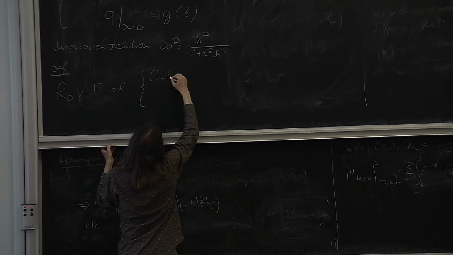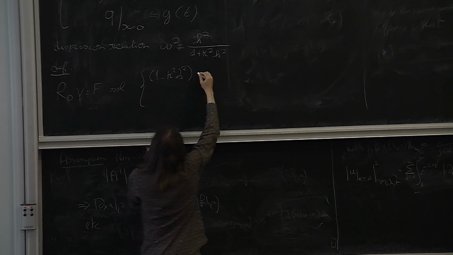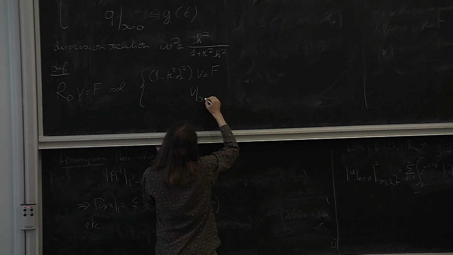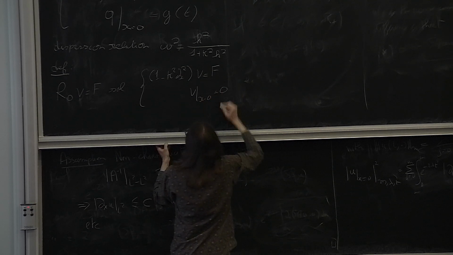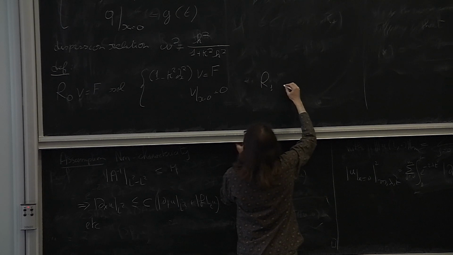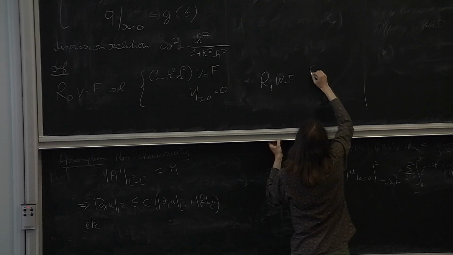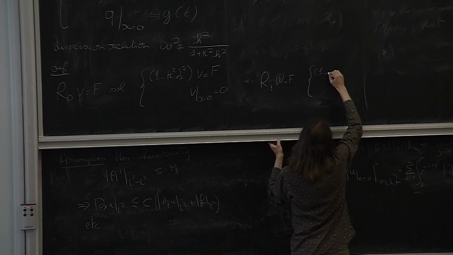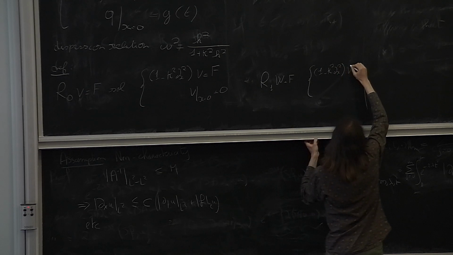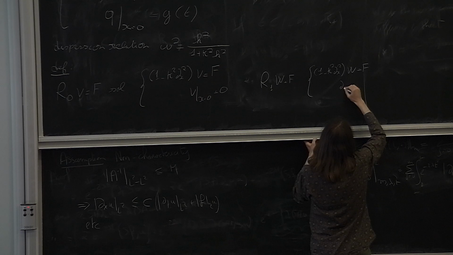It means the inverse operator of the dispersive operator with Dirichlet boundary condition. I can also introduce R1, the same operator, but with Neumann boundary condition.